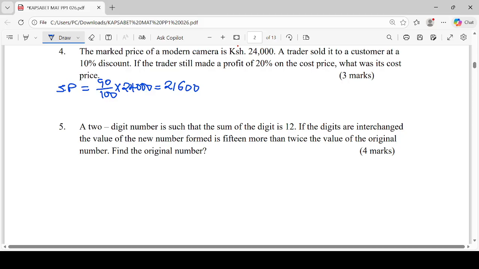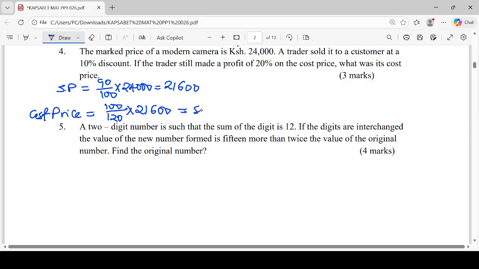This means that this 21,600 is equivalent to 120%. What about the cost price, which is given by 100%? So to compute now the cost price, we are going to have now 100 over 120 being multiplied by 21,600.